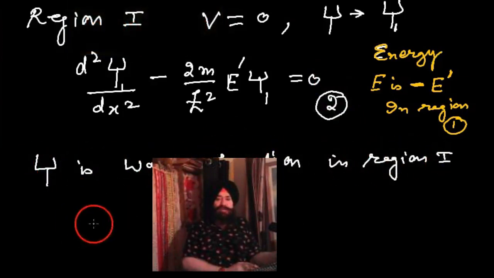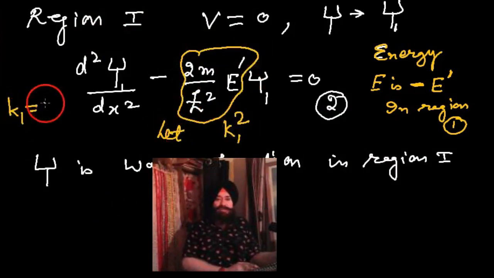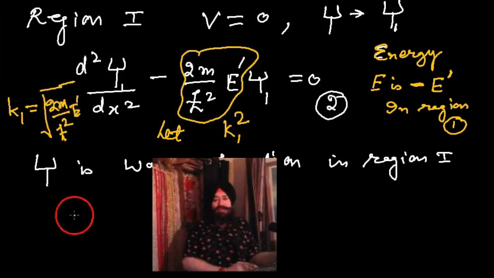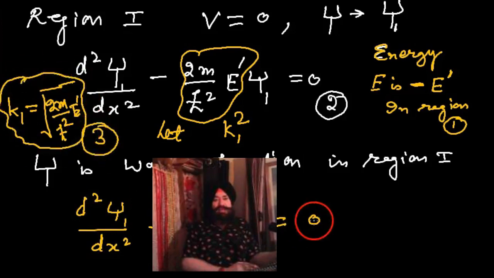Psi 1 is the wave function in region number 1. Let the substitution be 2m upon h cross square times E dash equals k1 square, where k1 is a constant. So the Schrödinger equation becomes like this.